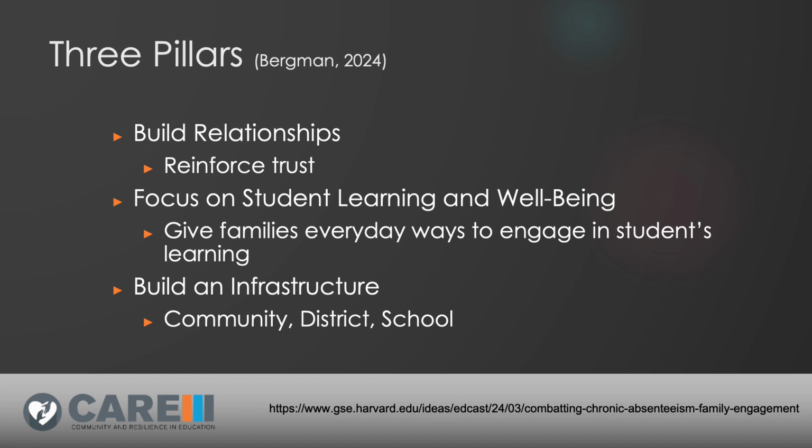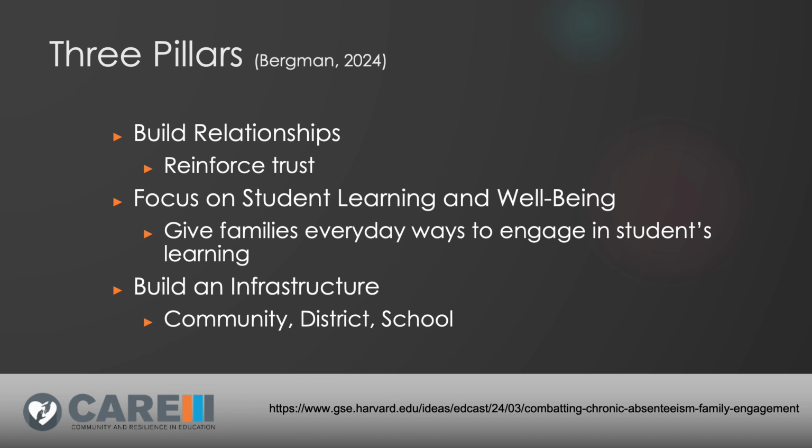In a podcast that was recently done at Harvard, 3 pillars were identified for engaging families to help support chronic absenteeism. Building relationships. So we see this over and over and over again. You can look at any research, and this is the common thread that goes through all of these: building those relationships, reinforcing trust, working together.